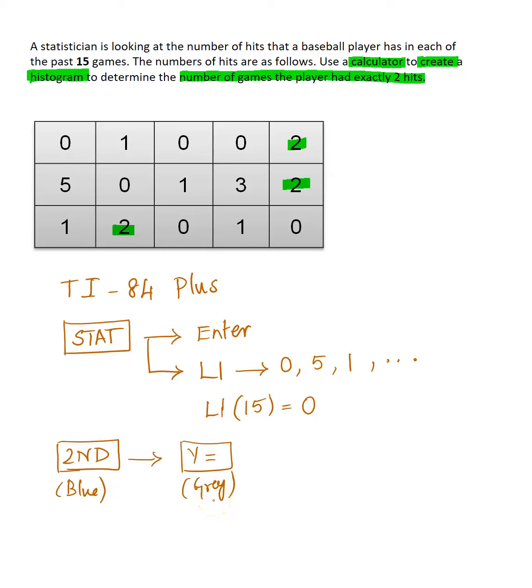We have these two, and then you want to hit the first one. It says Stat Plots, right? And it highlights number 1. So go to Stat Plot and hit Enter.